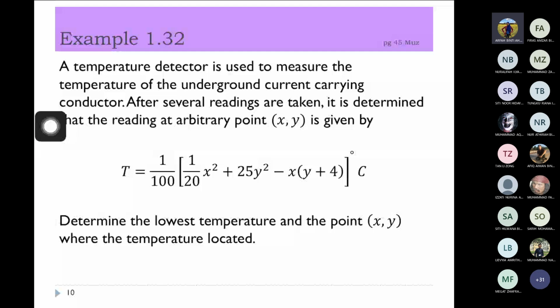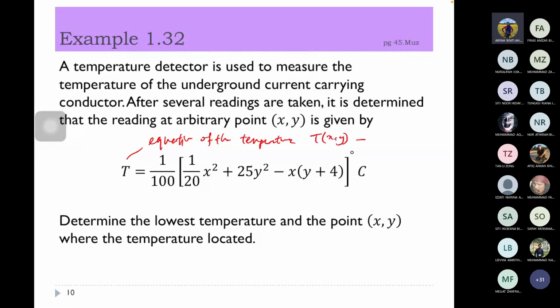Okay, ni equation of the temperature T(x,y) in degrees Celsius because it's related to temperature. So determine the lowest temperature and the point where the temperature is located. Okay. So tentukan lowest temperature dan dekat mana the point XY is located.